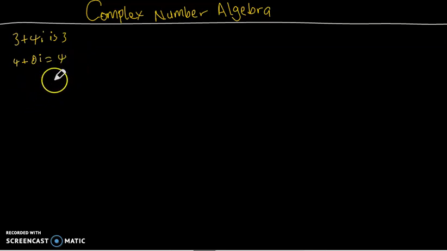And it is imaginary if, for instance, we have 0 plus 4i, because here the solution would be 4i, and this is imaginary.